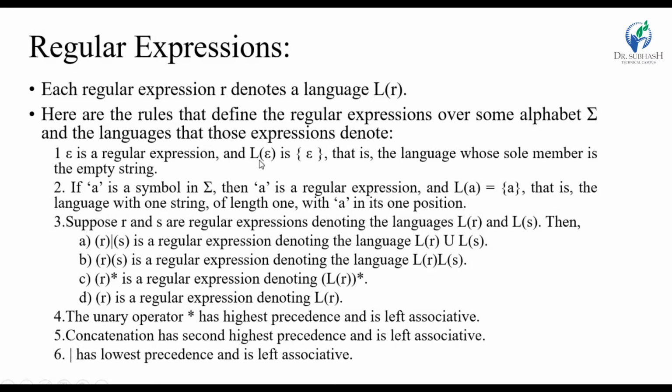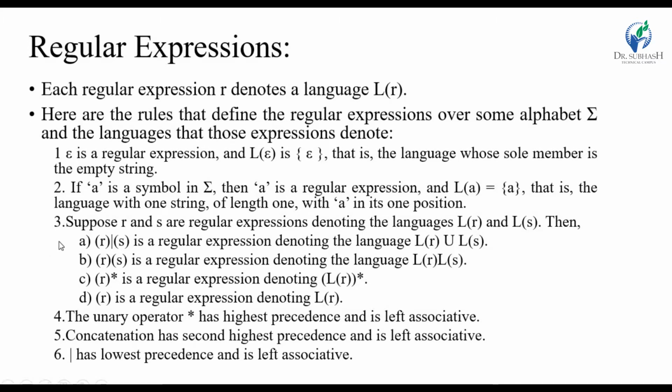The language of epsilon is the empty string, that is the language whose sole member is the empty string. If A is a symbol in input, then A is a regular expression and L of A is equal to A, that is the language with one string of length 1 with A in its one position.